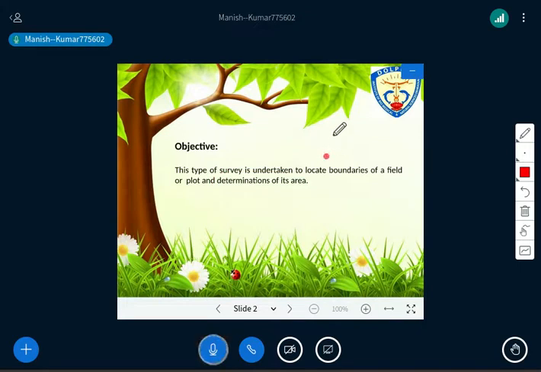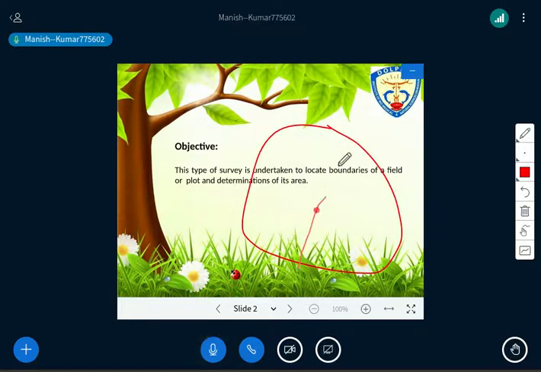So you just try to understand it this way. For example, a certain area needs to be surveyed, and we are using this cross staff. This is the area. As you know, first we have to draw the baseline, isn't it? We have this baseline with stations A and B, and from here we can draw the offset using the cross staff, right?